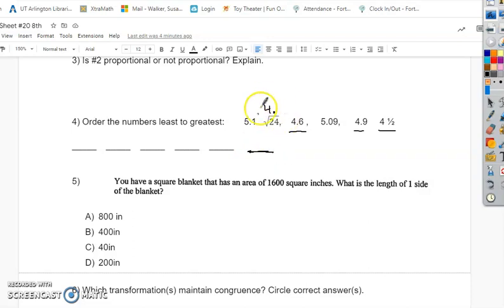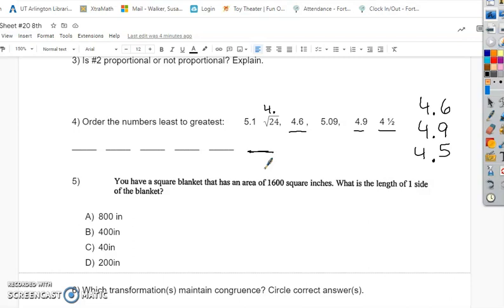Again, make that into a decimal, put this in your calculator. Then I have 4.6, I have 4.9. And guys, when you divide this, a half, hopefully you know it by now, half is the same as 0.5. Now, your job is to make sure the original numbers get into the blanks.